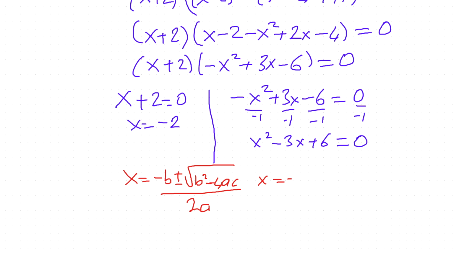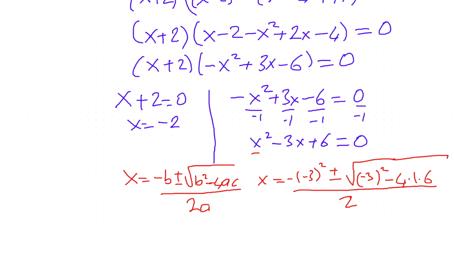Negative b, negative 3, plus or minus the square root of b squared, negative 3 squared, minus 4 times a, which is 1, times c, which is 6, over 2 times 1.